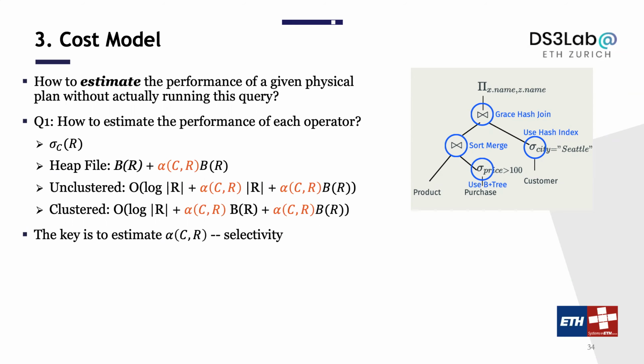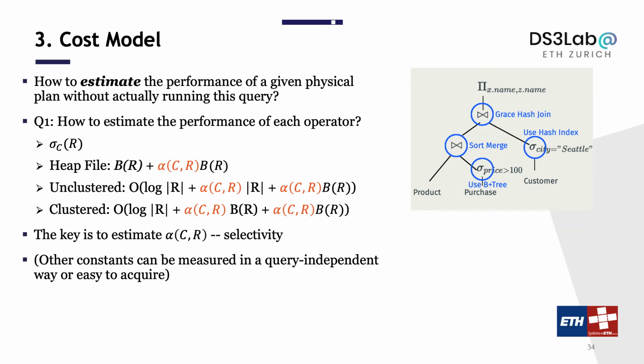Because if I do not know about this, I have no idea how fast this operator is going to run. And also, if you have a parent operator using my result, I need to tell you how many tuples you are expecting. So it turns out whenever you are building a cost model, the fundamentally hard component is how to estimate the selectivity. And that is something we are going to talk about.